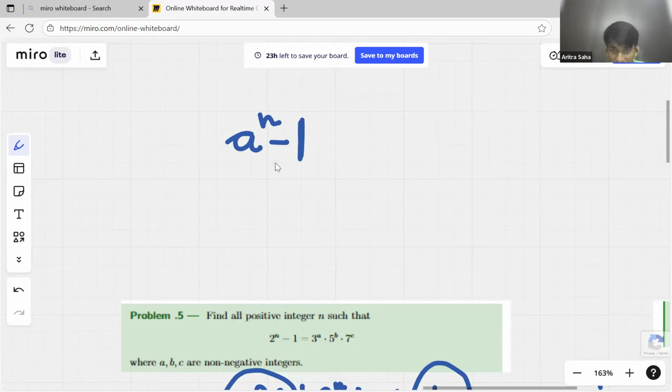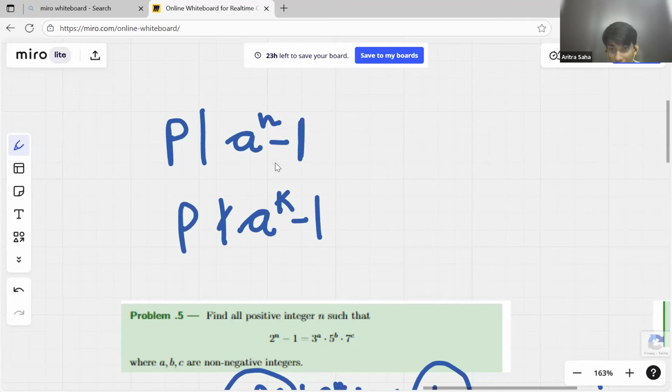What does Zsigmondy say? a is a fixed number and you are increasing n. Then there will exist a prime p that divides a to the power n minus 1 such that p doesn't divide a to the power k minus 1 for all k less than n, except some exceptions.